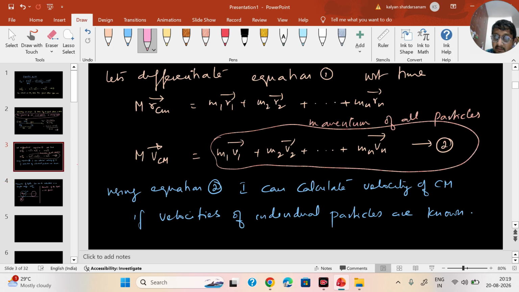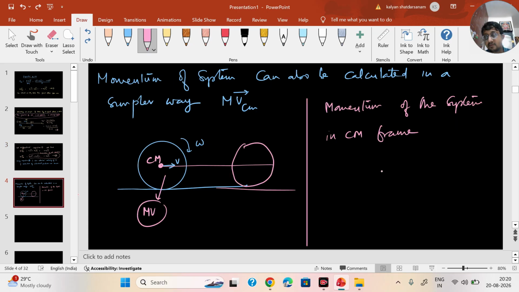Previously, we were taking velocity of first particle in ground frame, velocity of second particle in ground frame, velocity of nth particle in ground frame, and then we found the momenta in ground frame. Right? But now what we are doing? We are doing it in center of mass frame. Momentum of system in center of mass frame will always be zero.